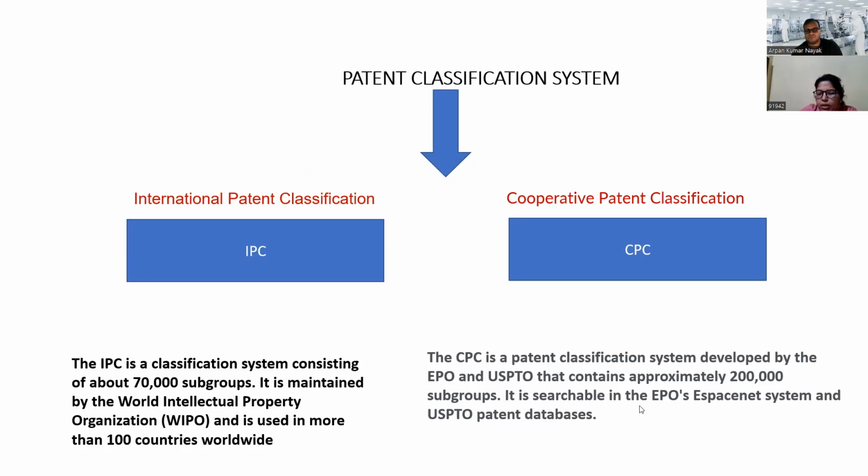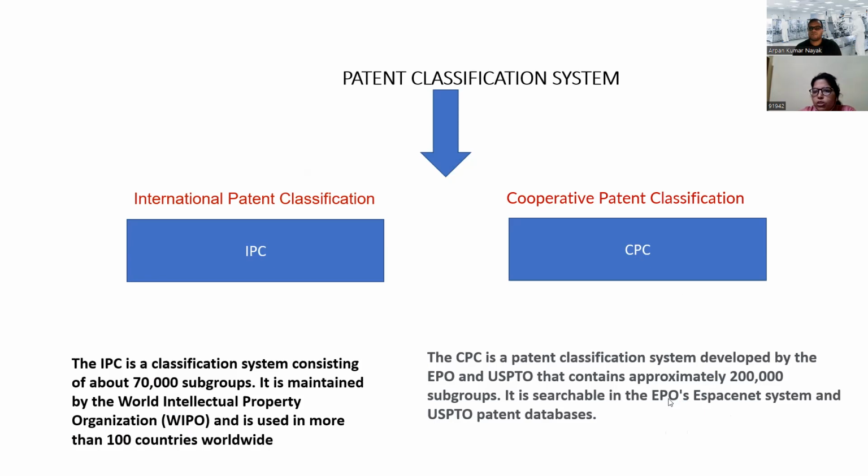It is searchable, and now the question arises where we can search it. This can be searched on the WIPO site, at the EPO site, as well as in the USPTO patent databases. In our earlier lectures, we saw how to log in to search the US patents and the European patents.